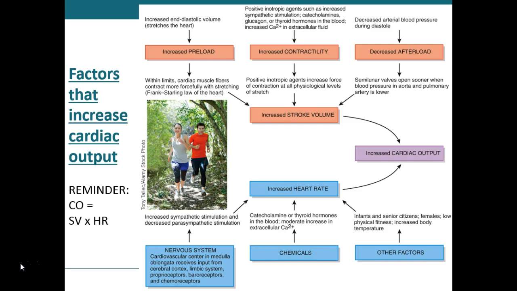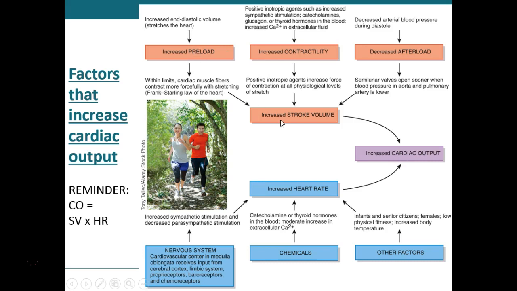On this last slide of this video, even though it looks very busy, I want you to look at what we're considering here: factors that increase cardiac output. It's important to remember that cardiac output is stroke volume times heart rate. So anything such as the nervous system, chemicals, or other factors that affect heart rate are going to affect cardiac output.